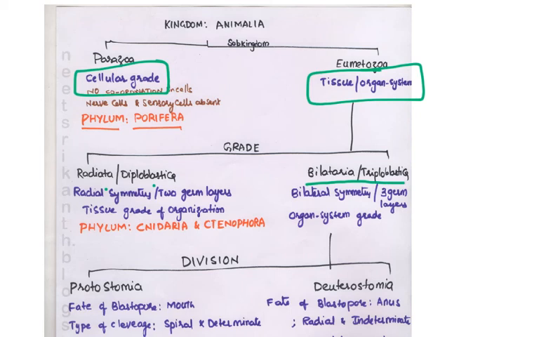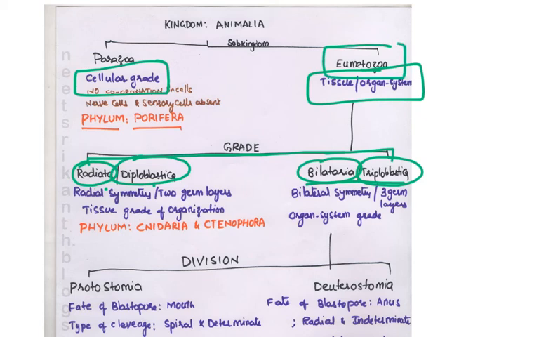The basis of classification of subkingdom Eumetazoa into two grades is symmetry, Radiata and Bilateria, then the number of germ layers, Diploblastica and Triploblastica.